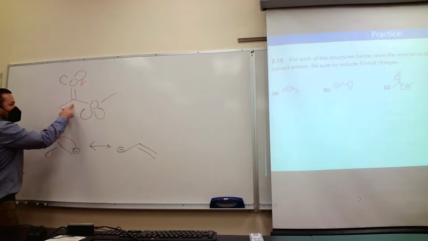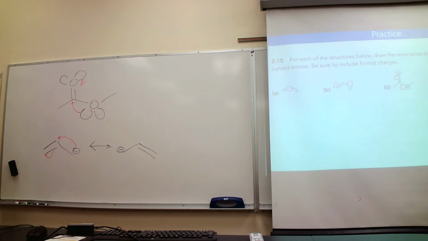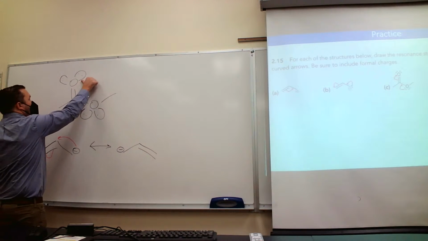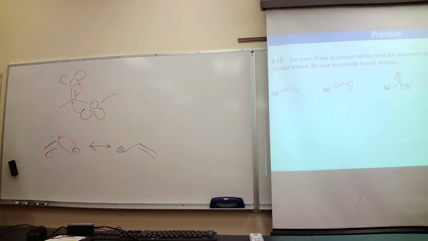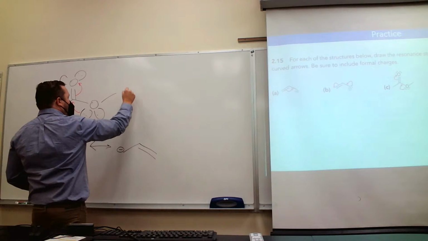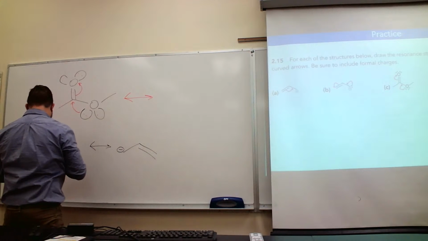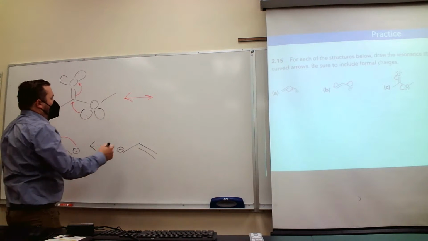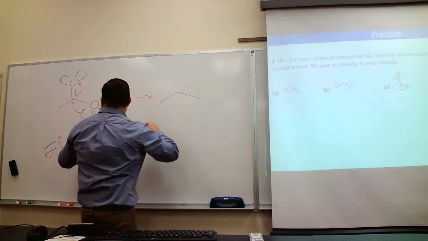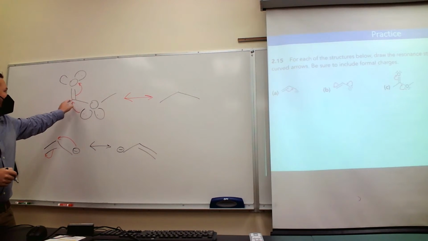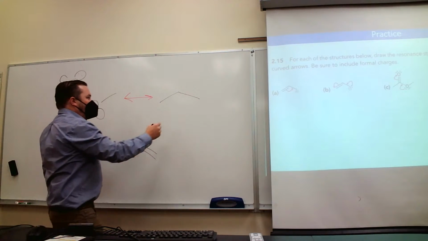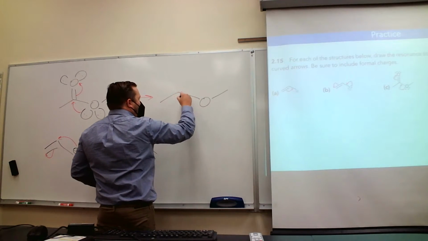So we wind up with one of those lone pairs moving over. But we have to make room for it. So this carbon takes the pi bond electrons. And our resonance structure then is going to look like, well, we made a new pi bond between the carbon here and the oxygen in the middle of this carbon chain.